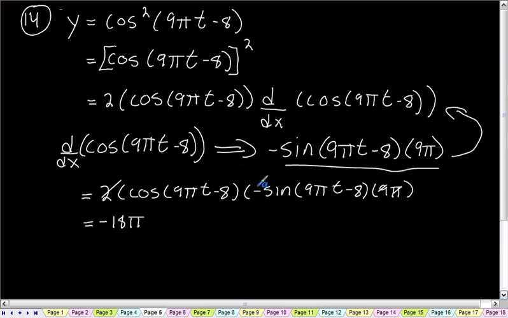Get rid of this negative, it becomes positive. So now we just multiply cosine of 9 pi t minus 8 times sine of 9 pi t minus 8. And that is our dy/dx.